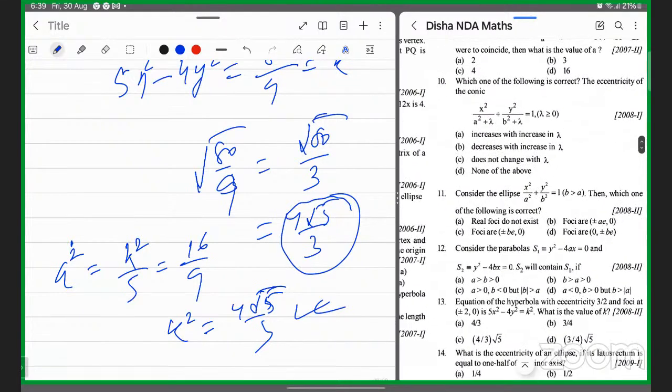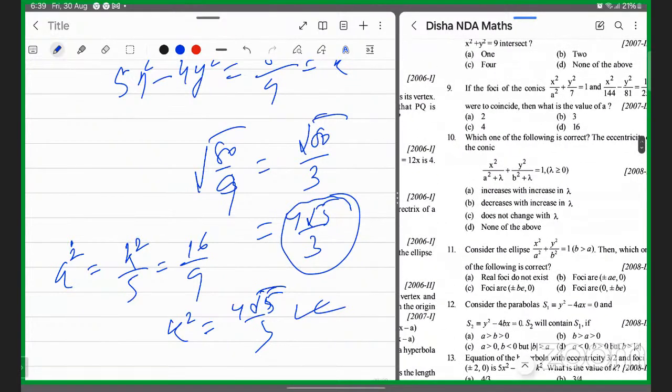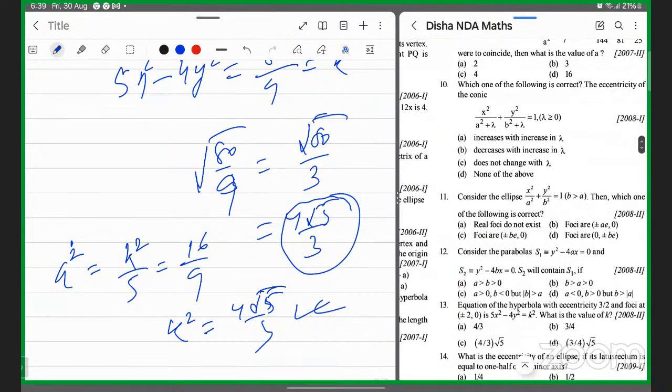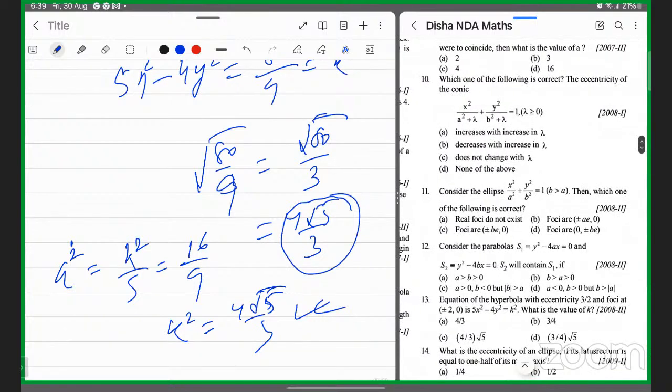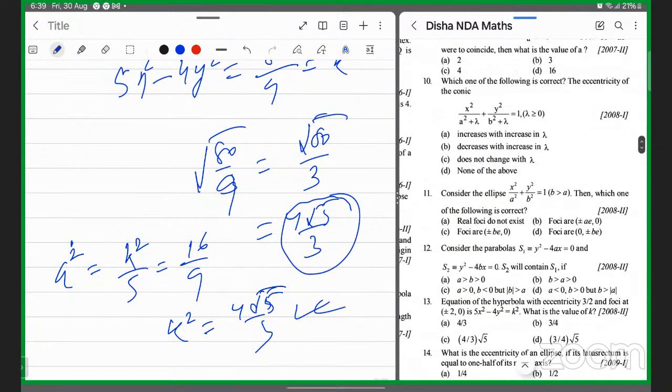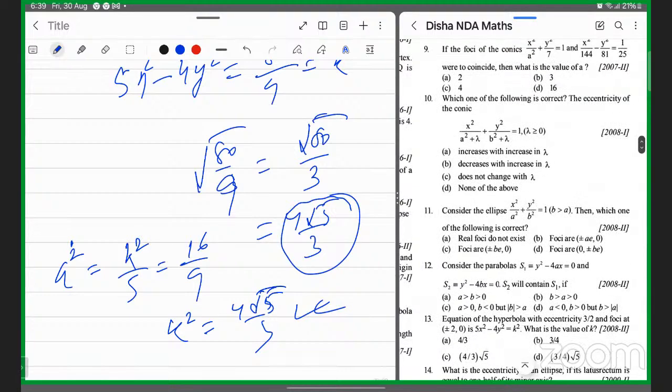Now 11, do it. Do it, everyone. B greater than A. So correct.